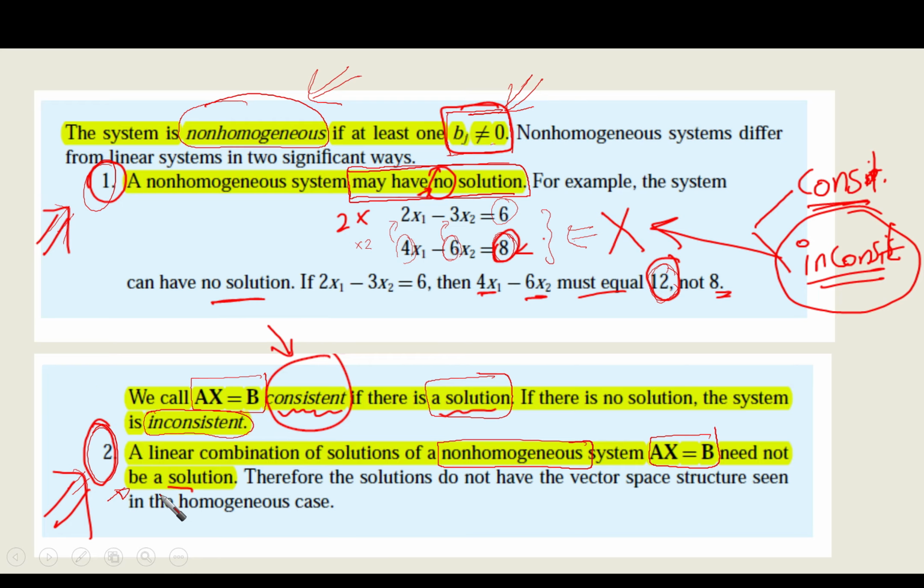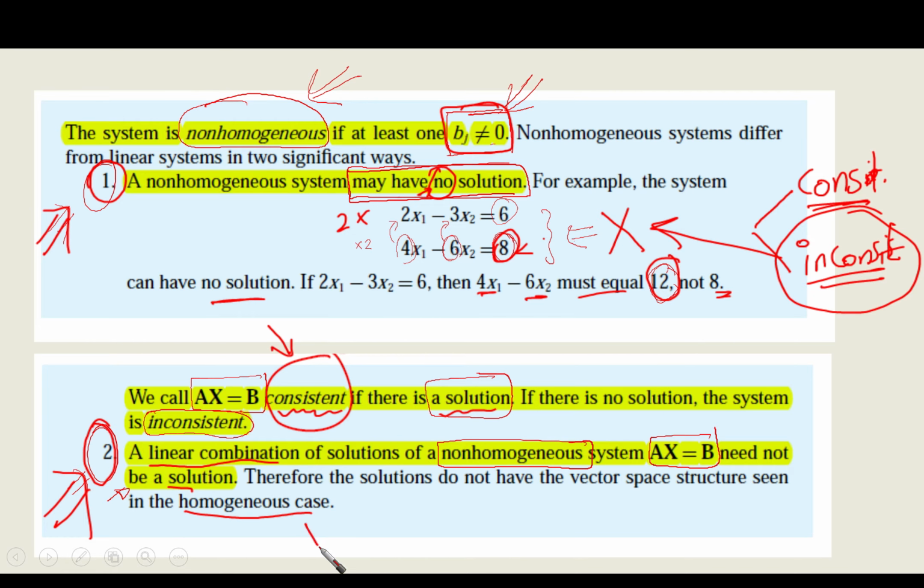If we are going to talk about whether there is a solution or not based on the linear combination of the solutions of the non-homogeneous system, the answer is no, it need not be a solution. Therefore, the solutions do not have the vector space structure seen in the homogeneous case.